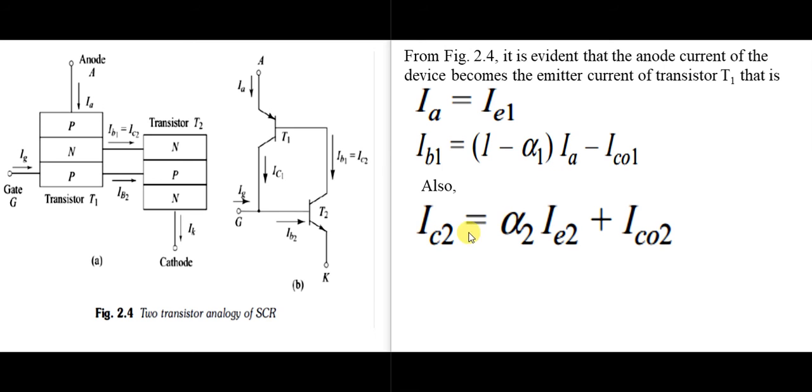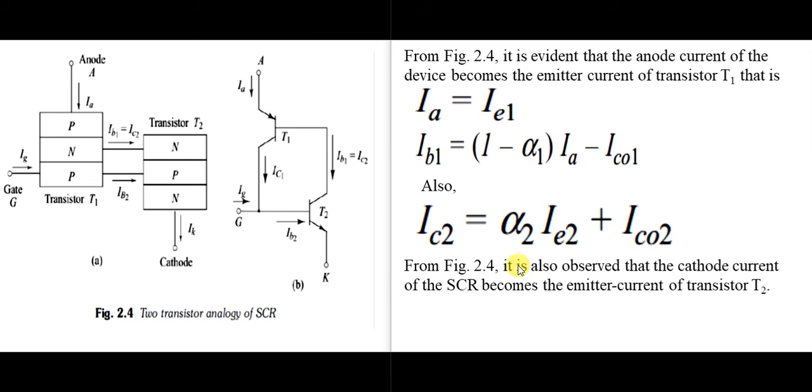Also IC2, the collector current of transistor 2, is equal to alpha 2, which is again the current gain as we have seen previously, times IE2 plus the leakage current of transistor T2. From this equation it is observed that the cathode current of the SCR becomes the emitter current of transistor T2.